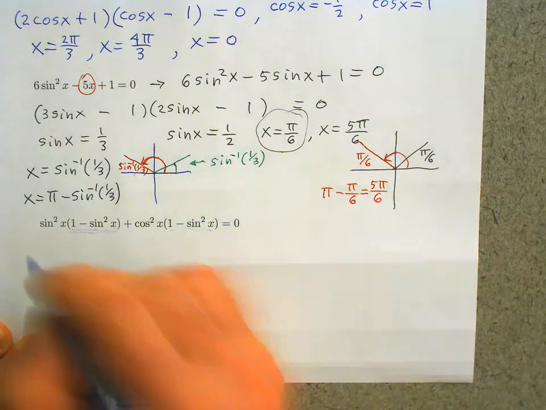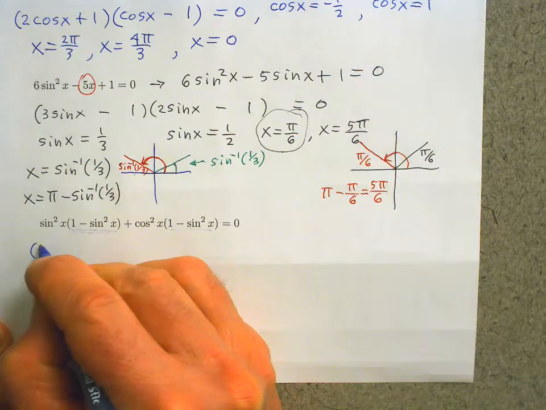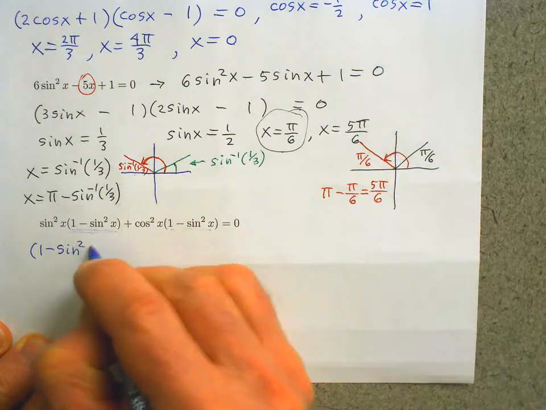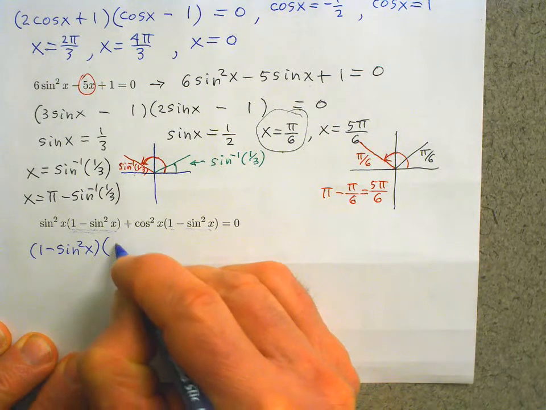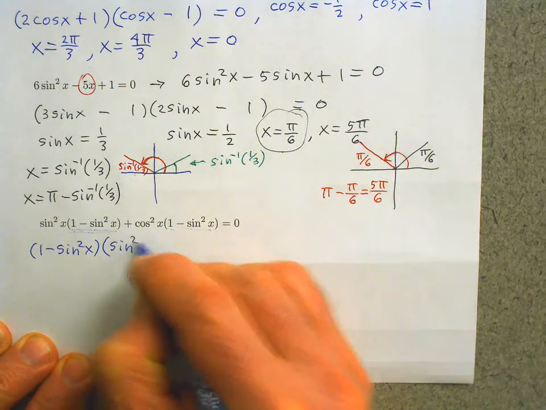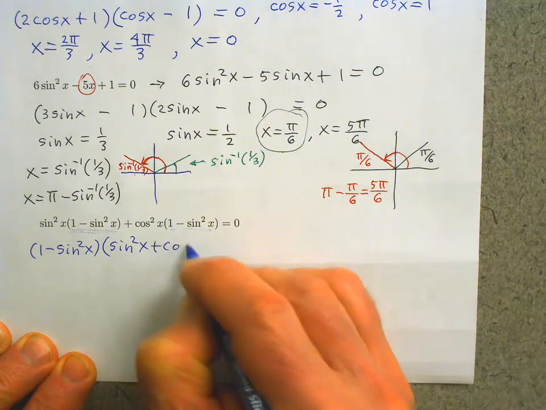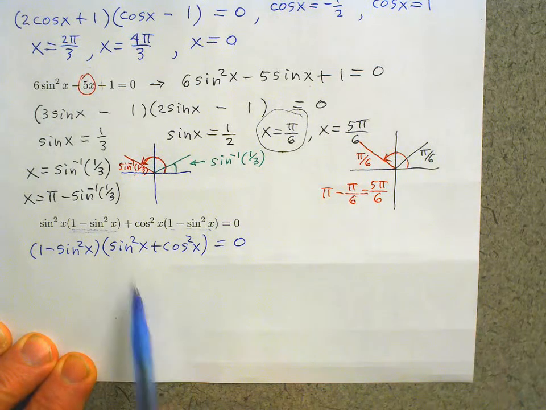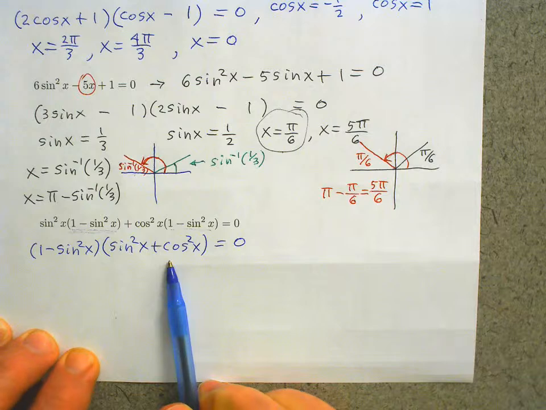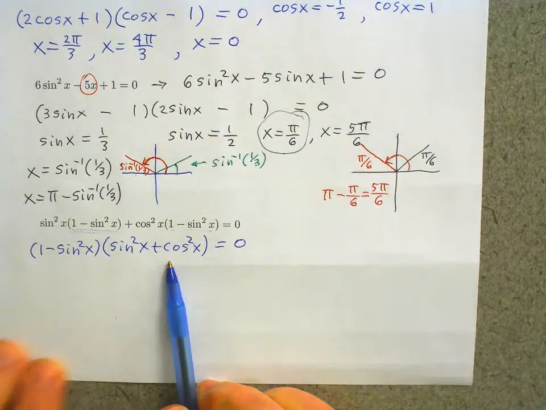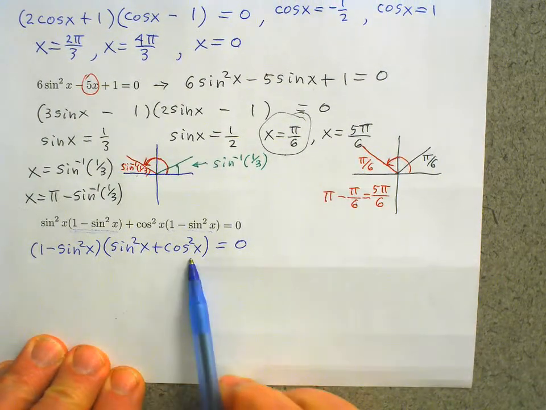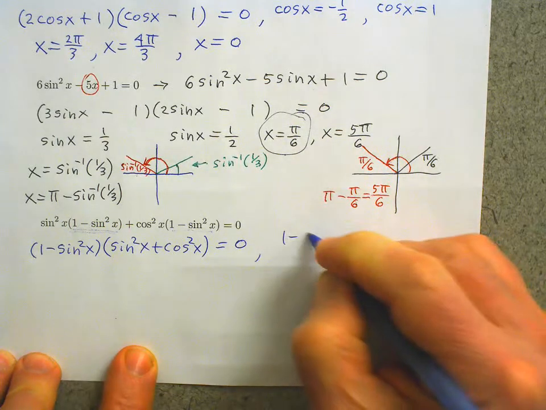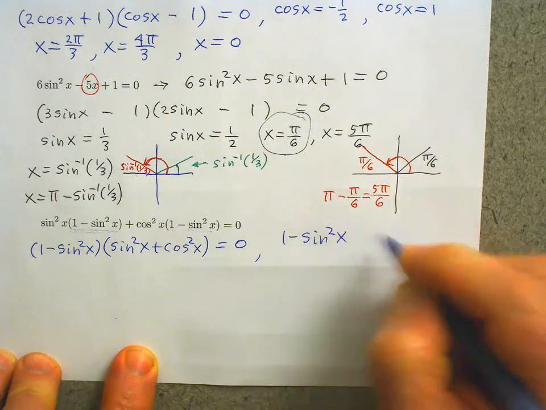So if we factor that out of those terms, we get 1 minus sine of x squared times sine of x squared plus cosine of x squared. But sine of x squared plus cosine of x squared is 1. It's equal to 1. And so we're just left with 1 minus sine of x squared equals 0.